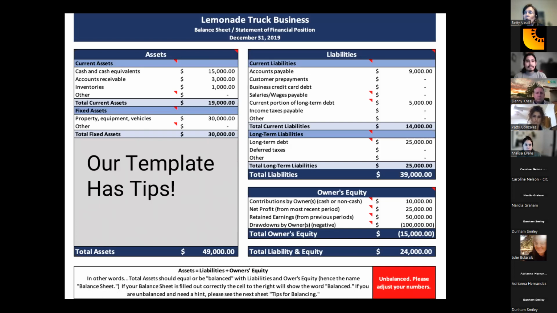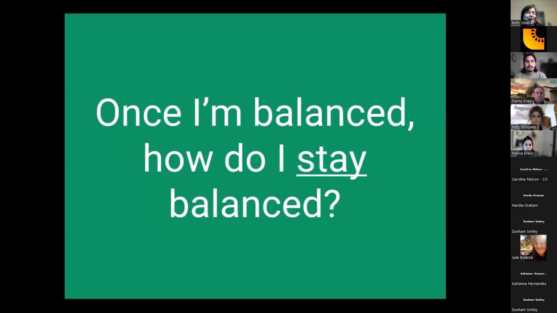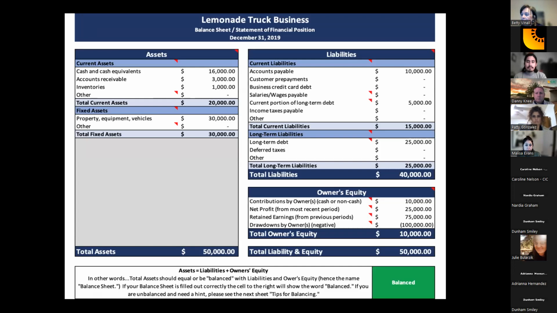So once you figure out that you're balanced, then how do you stay balanced? The easiest way to stay balanced, honestly, is what we've just talked about here, where you go through and double check your work, double check that your numbers are matching what you think they should.